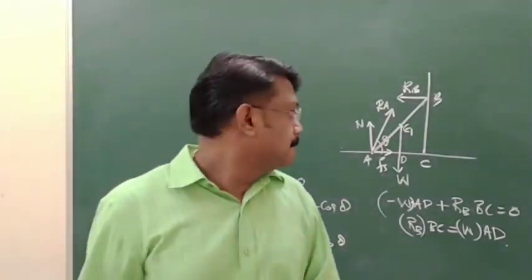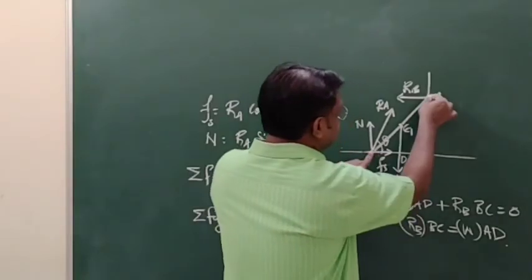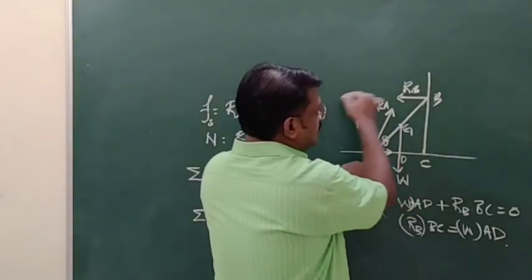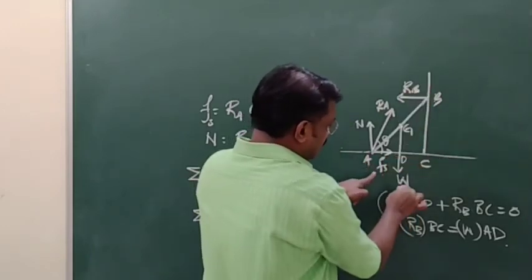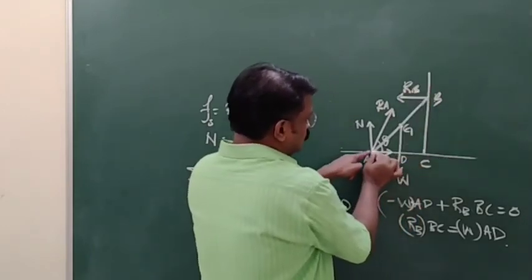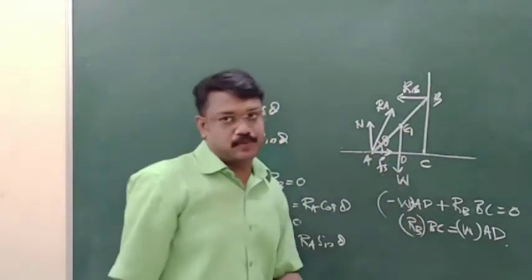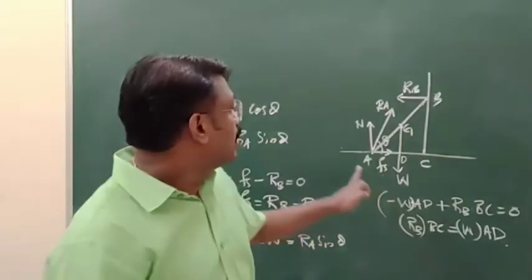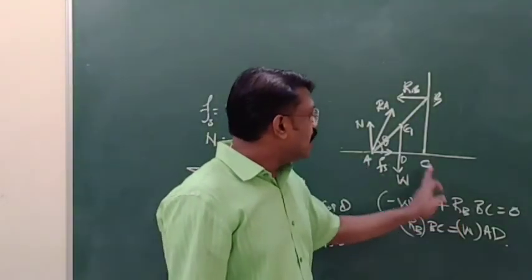See, this is the point A and this is the line of action of RB, so the distance between these two is BC. This is the line of action of W. This is a fixed point. So AD is the perpendicular distance from A to the line of action of W. So that is why we are taking minus W into AD plus RB into BC.